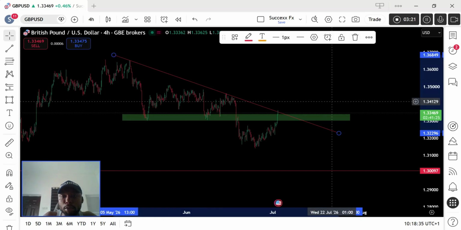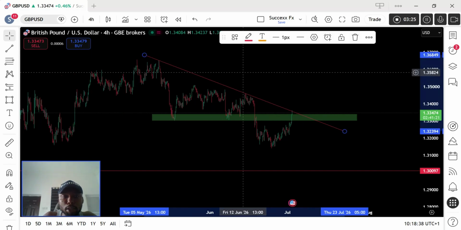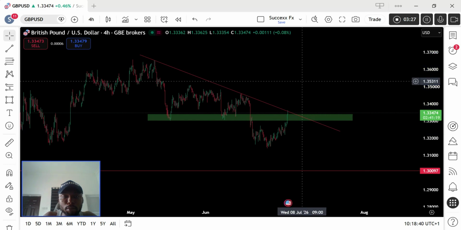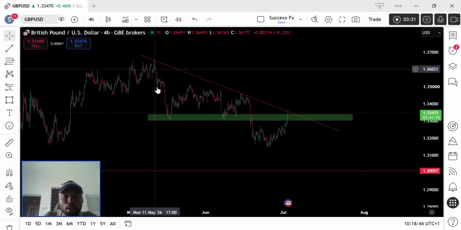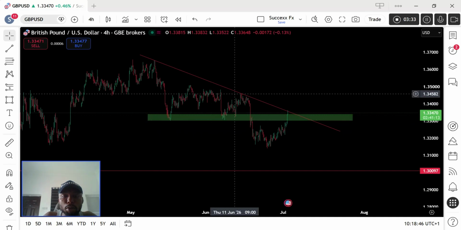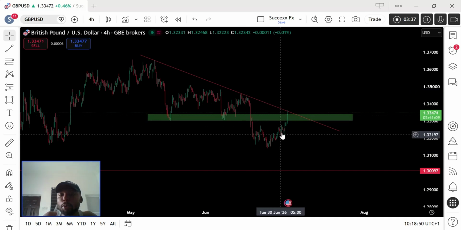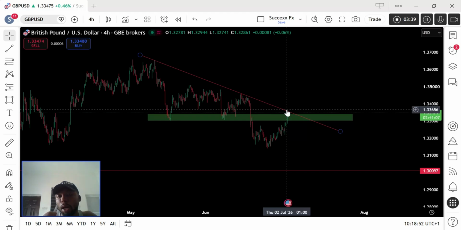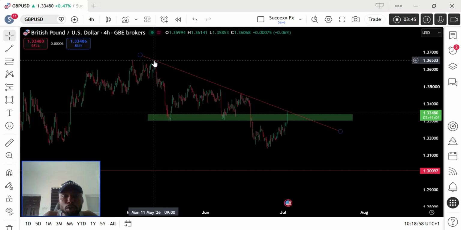So clearly, we are still anticipating a sell because if you look at our screen now, you have lower low, lower high, lower low, and coming to form another lower high, hopefully. So we have the first touch of the trend line.